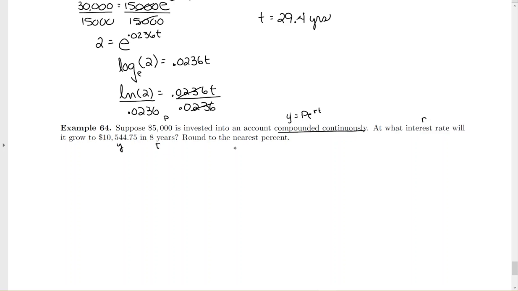All right, so we go to our formula. You plug in your output, $10,544.75. We're starting with $5,000, times e to the r, t being 8. Here's my exponential, so I've got to get rid of the 5,000. So just do a division step there.